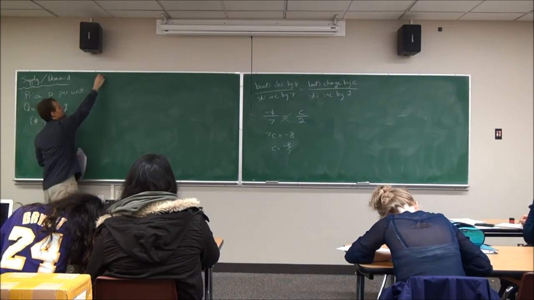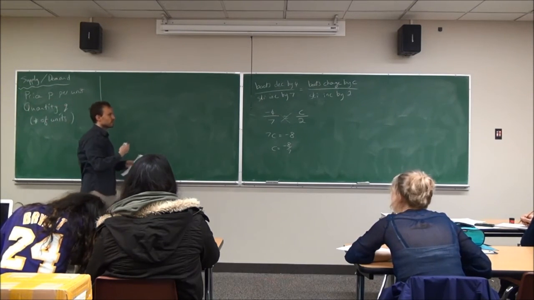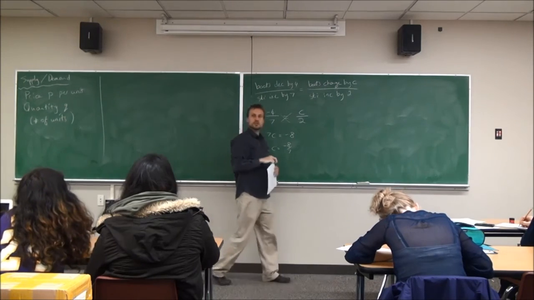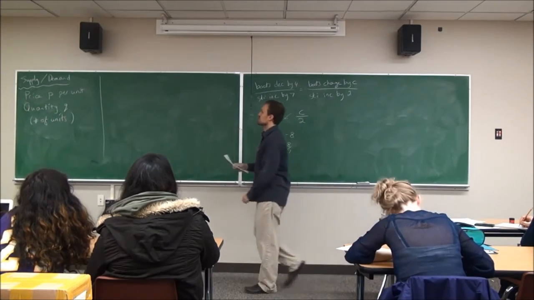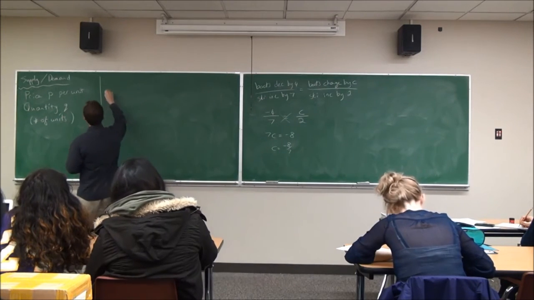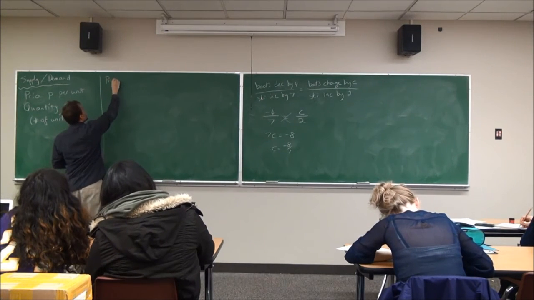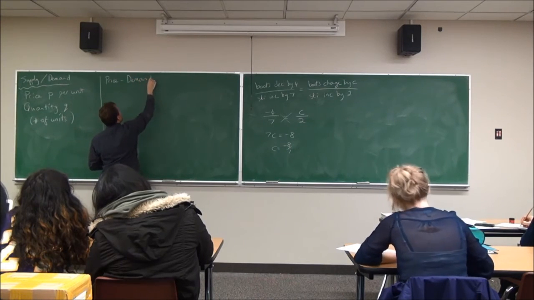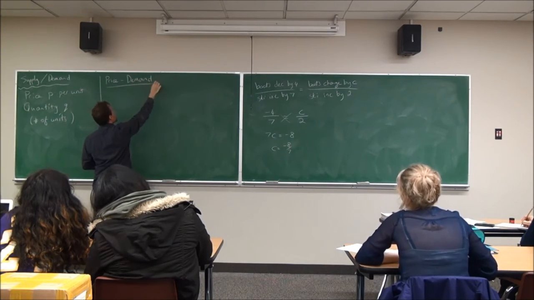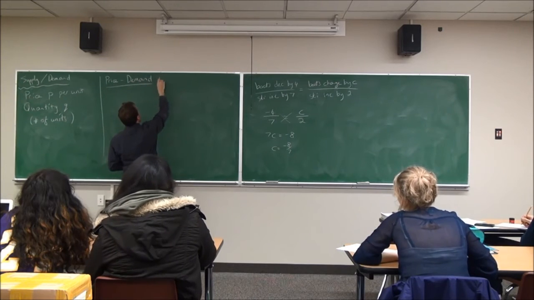Let's say like a week. Depending on the price, the number of units that people want to buy might change. So there's a relationship between the price and the number of units in demand. So there's a price-demand relationship.